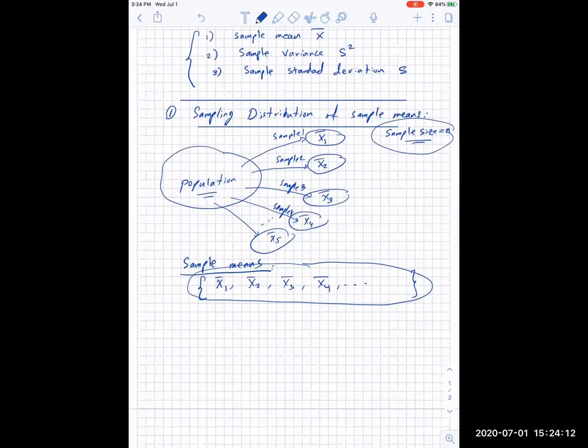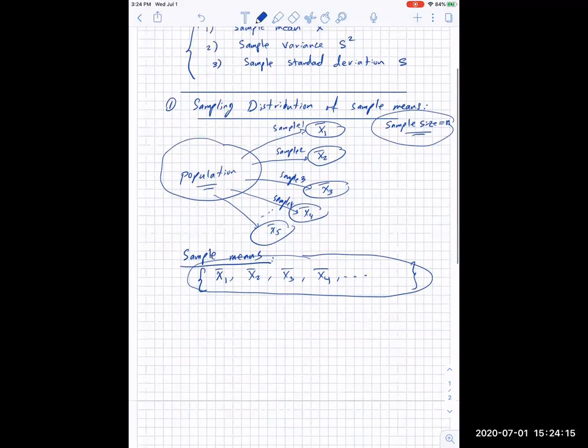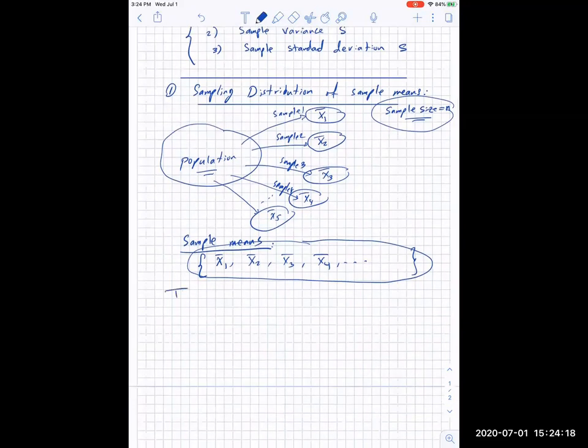We want to talk about the shape of the distribution of sample means. So we selected all the possible samples from the population. All of them have the same size. Each one gave us a sample mean. Now we're going to look at the spread or the distribution of these sample means.